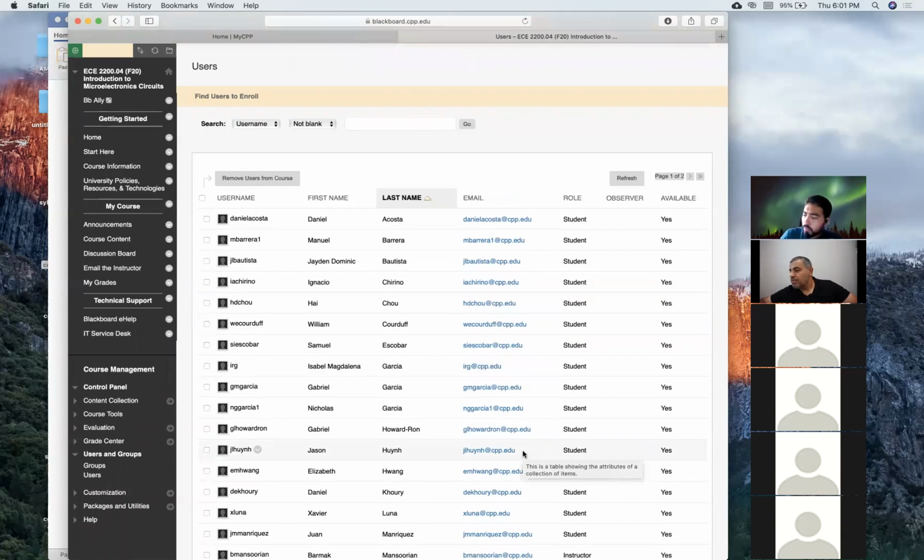Everybody needs to send me an email with your three biggest strengths as a student, and your three weakest points as a student.